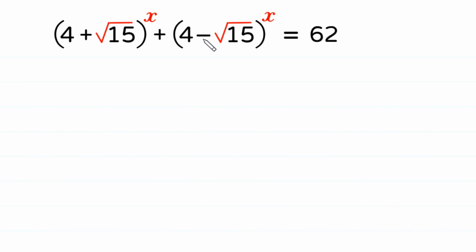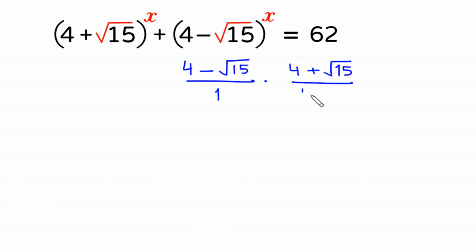First of all, we take this 4 minus square root of 15. We can write its denominator as 1 and we multiply this expression by 4 plus square root of 15 divided by 4 plus square root of 15.